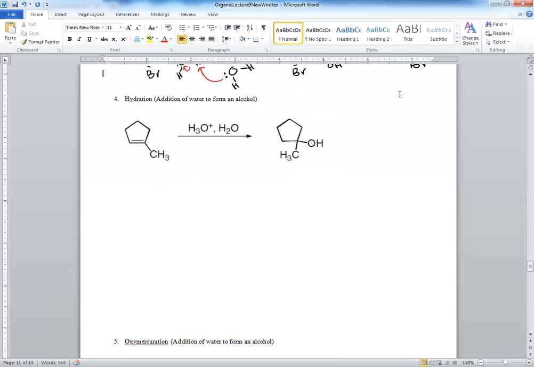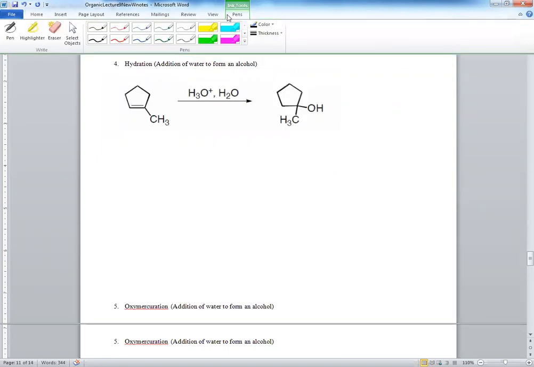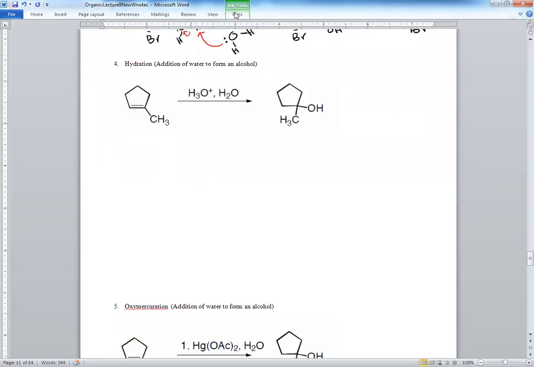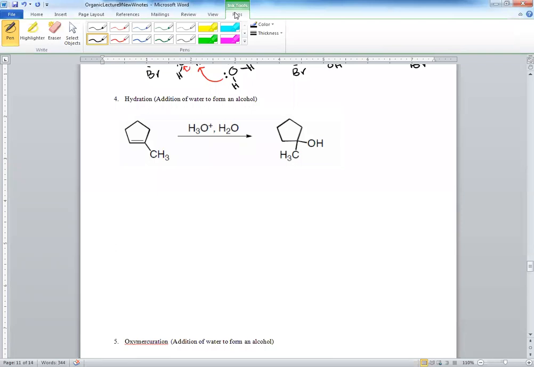The fourth reaction is hydration. Hydration means the addition of water to hydrate. In that, you add an alcohol, an OH, a hydroxy group, as you see in the reaction in front of you. So if you take a look, you notice that via these reagents, an acid, you add OH.